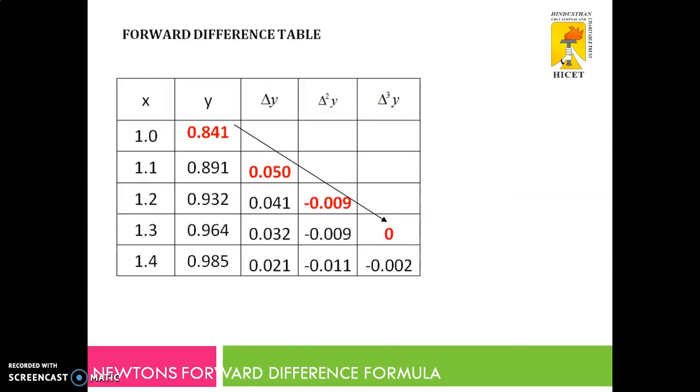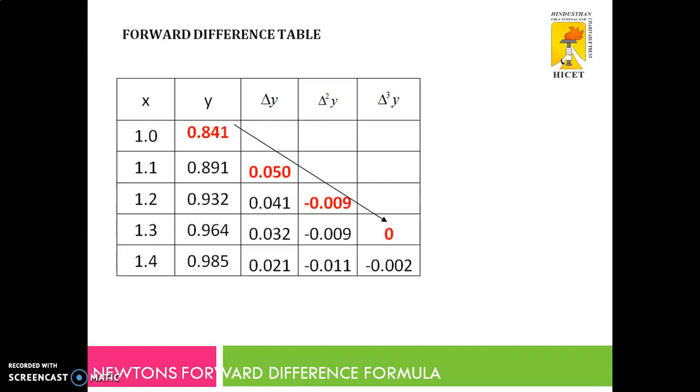Before applying the formula, we have to form the forward difference table. The values of x and y, where y is nothing but f of x, are given in the problem. We have to form delta y, delta square y and delta cube y, which are the forward difference values.